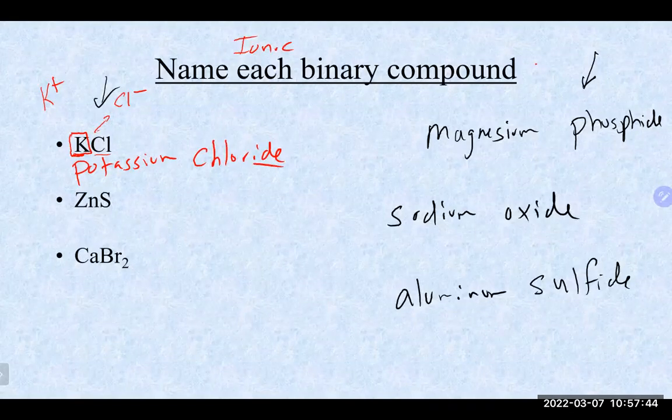Looking at the second one, we see zinc, which is a metal. We see sulfur, which is a non-metal, again telling us that it is ionic. Looking at the metal is the important guy, that is zinc. We find zinc on the periodic table in the transition metal region, but it is one of those three that we talked about earlier that actually does have a fixed charge.